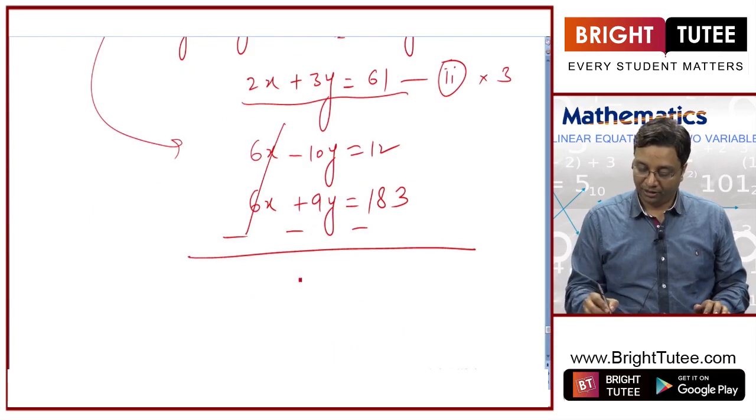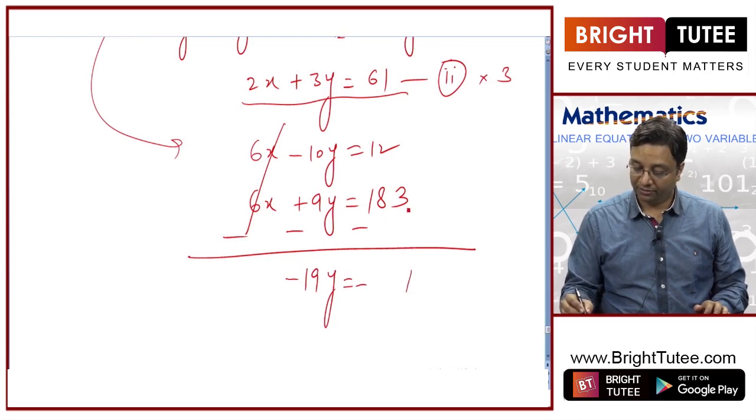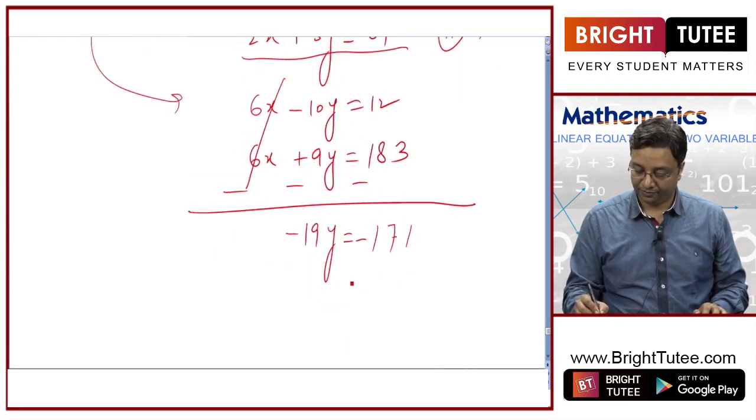The 6x cancels out. This is minus 19y and this is equal to negative 171. Now the minus signs will cancel out. y will be 171 by 19.